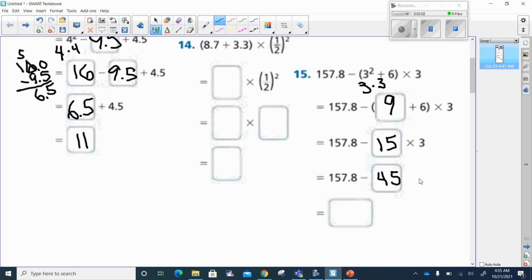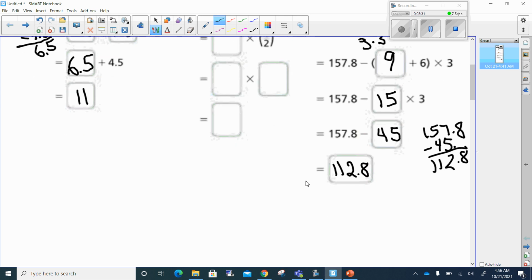And now we're taking 157.8 and minusing 45 from it. That'll give us 112.8. All right, let's move on.